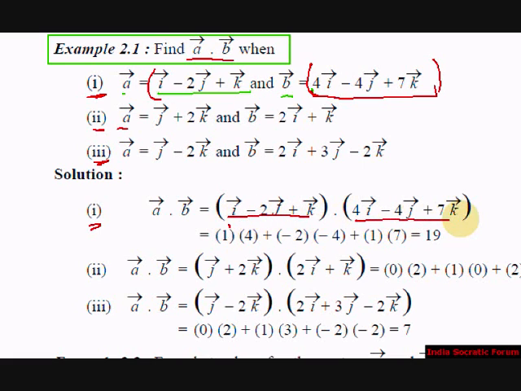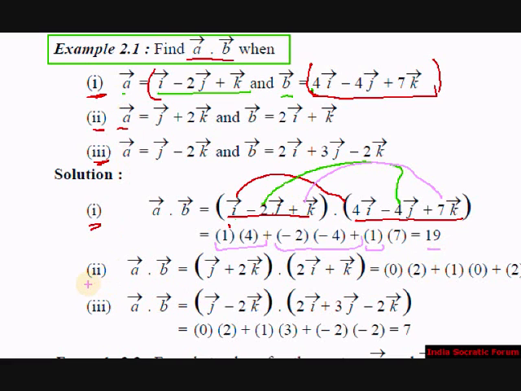We only need to multiply the components. So 1 into 4 is 4, minus 2 into 4 is minus 8, and j dot j is 1, k dot k is 1, so 1 into 7 is 7, giving 19.